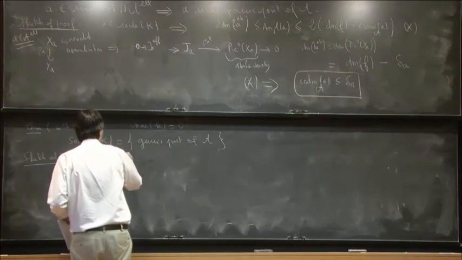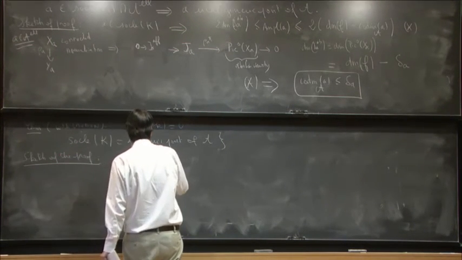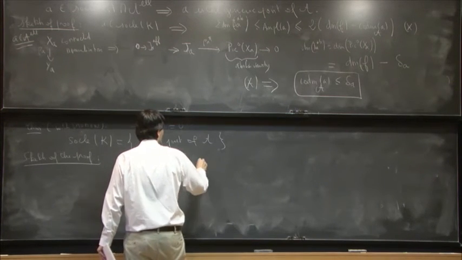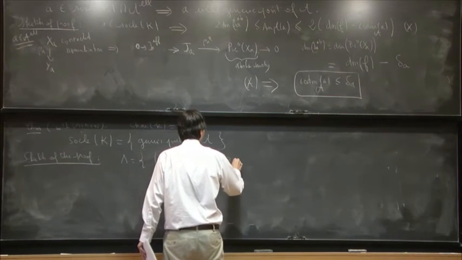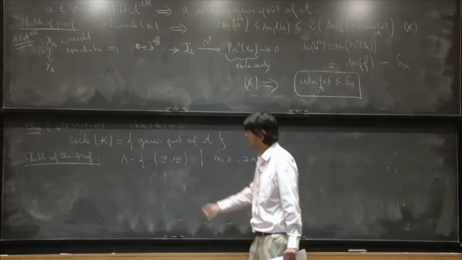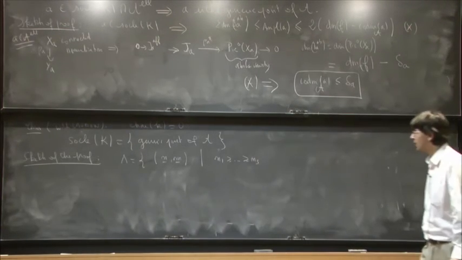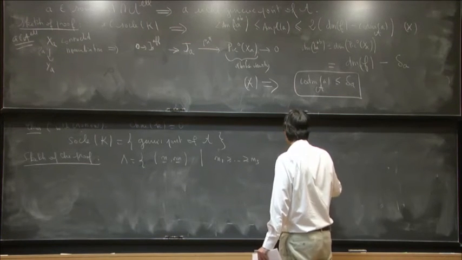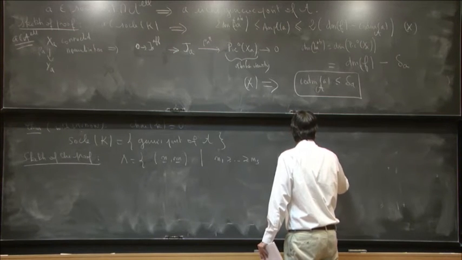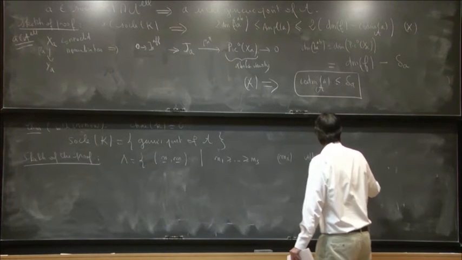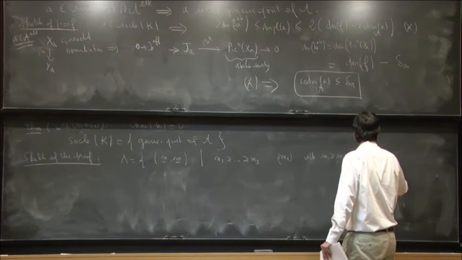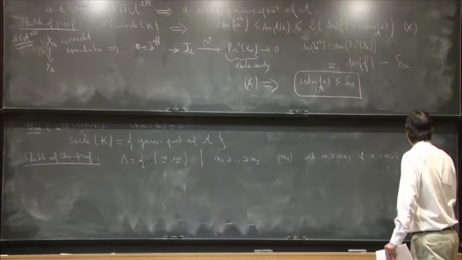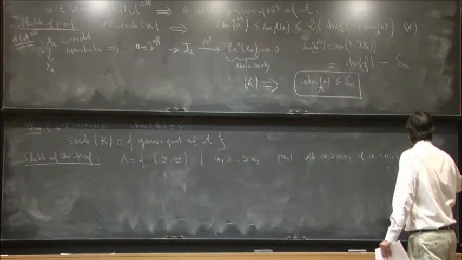So let me denote by lambda the set of tuples, where n is a collection of ranks, and m is a collection of multiplicities with the condition mi greater than mi plus 1 if ni is equal to ni plus 1, such that the sum over the rank times the multiplicity is equal to n.